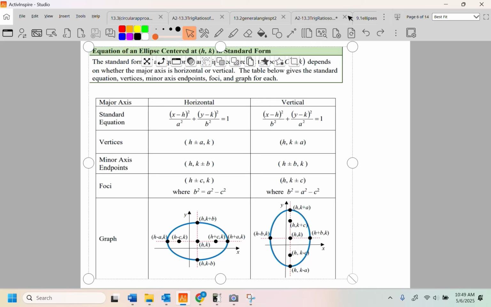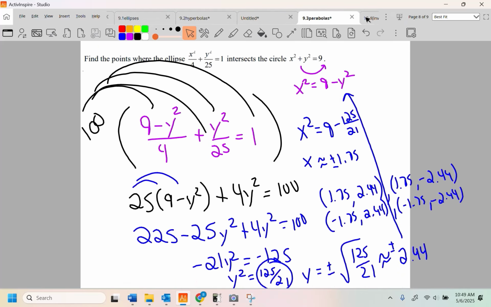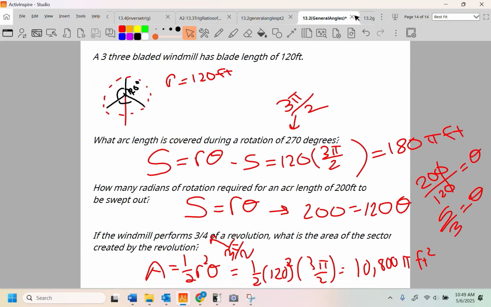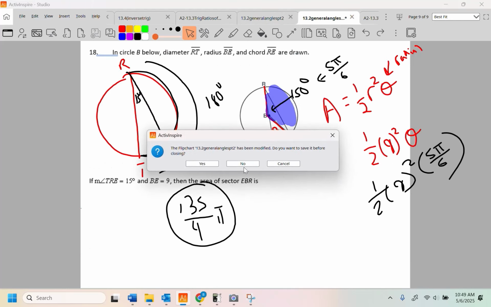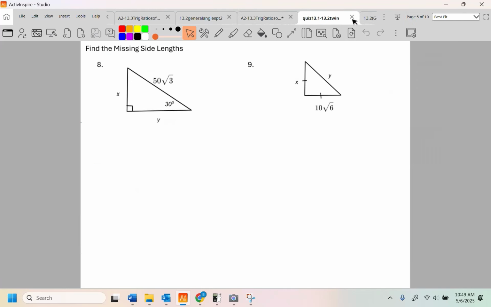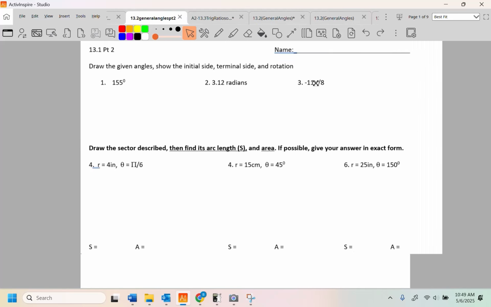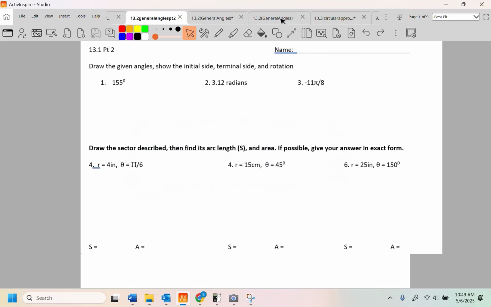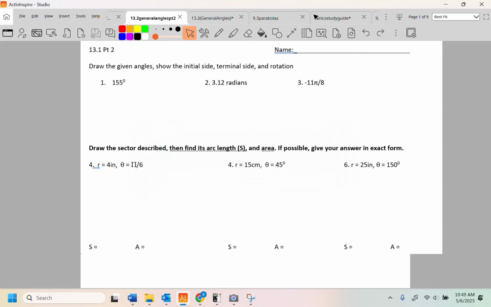Hopefully by now, as you've seen how close all these equations are and you've worked with them a little bit, it's starting to make a little more sense. I have a bunch of stuff open. You have to give me a minute. I lost my place. I have too many things open. There we go.